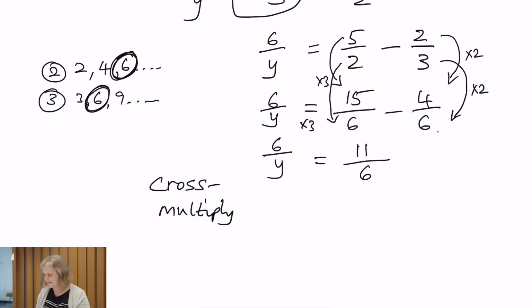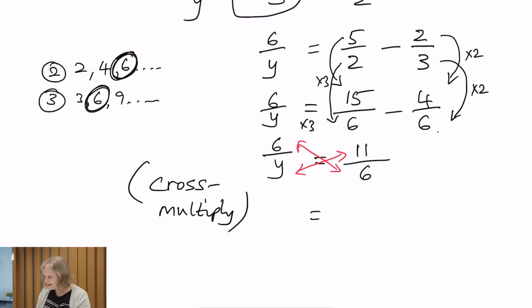Keeping the equals in a straight line down the page, we can do it either way, but we look at y and multiply diagonally here.